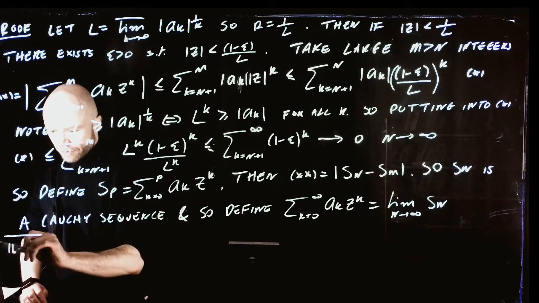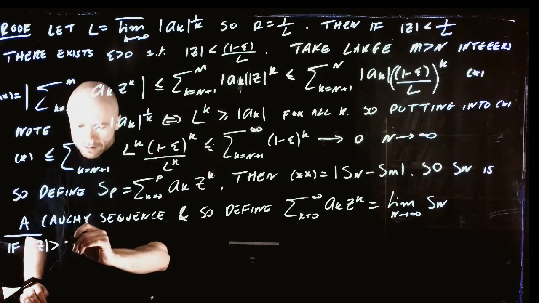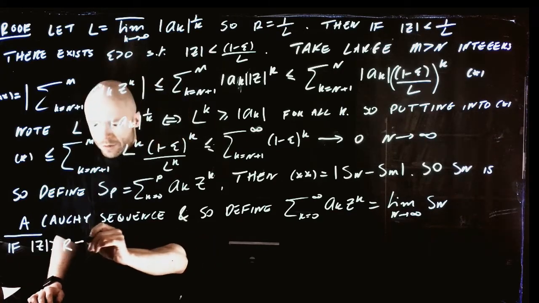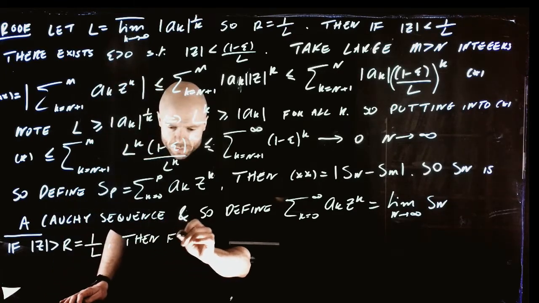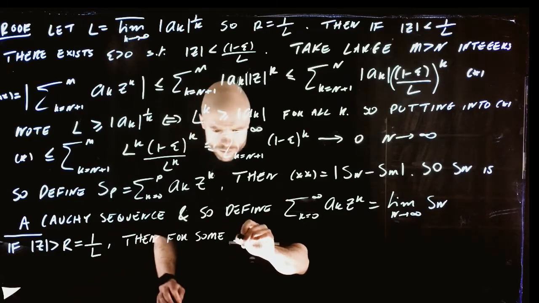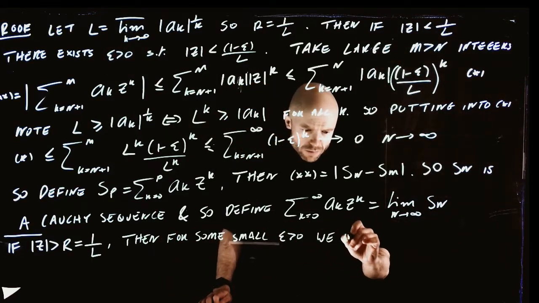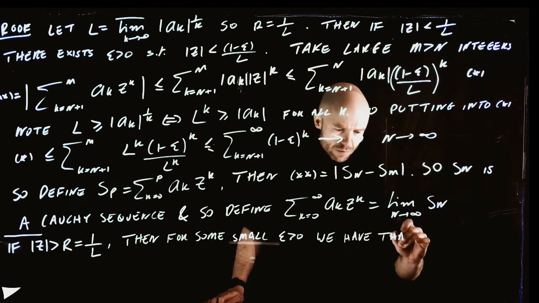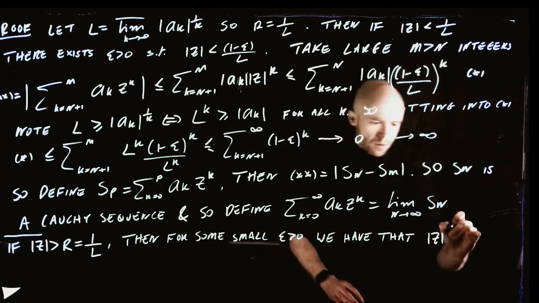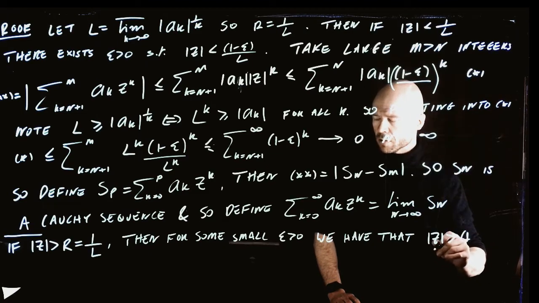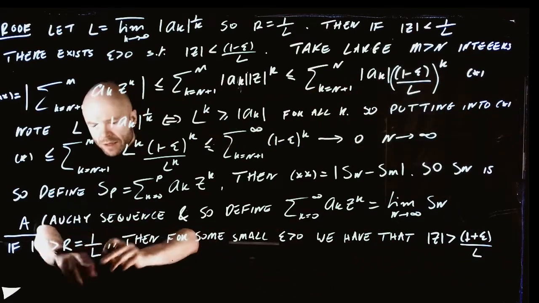The other half: if, on the other hand, we have mod z bigger than r, which again is 1 over L, then, again, for some small epsilon, we have that mod z is going to be bigger than (1 plus epsilon) over L. Since it's bigger than this number, we can make this number a little bit bigger and it's still going to be bigger.